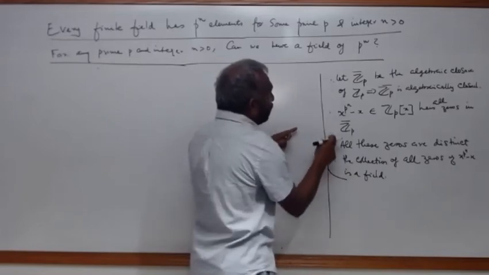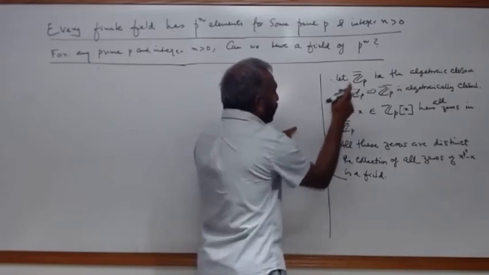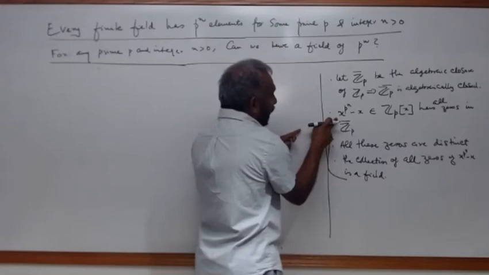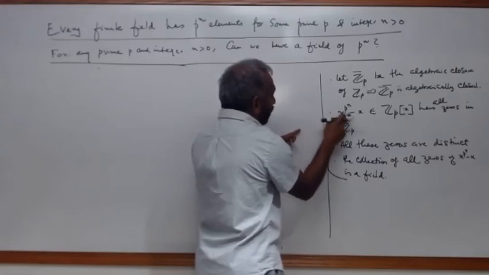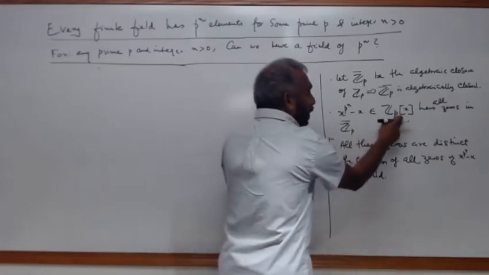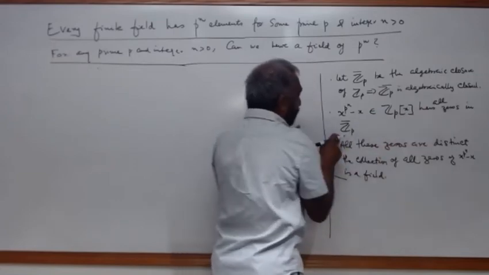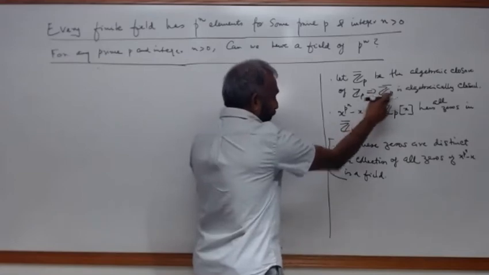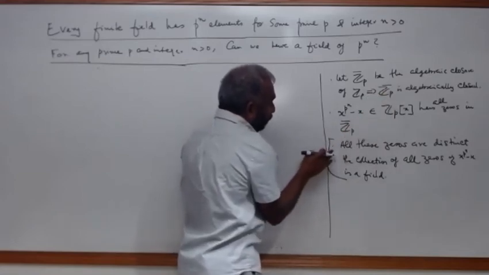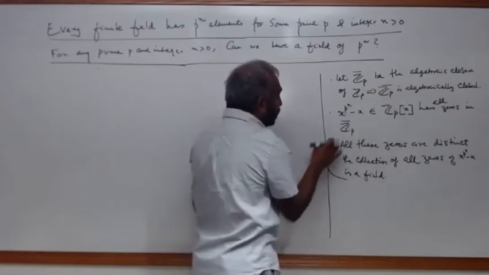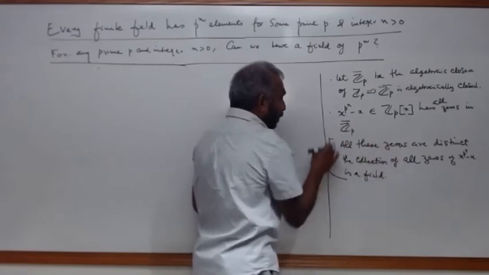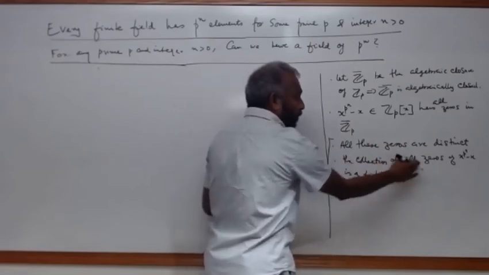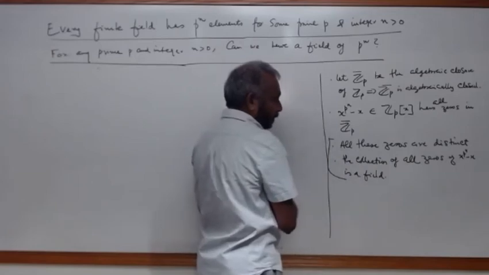This is already assumed. ZP has an algebraic closure, and x to the power of p to the power of n minus x is a polynomial here, and all zeros are in ZP bar, the closure of this, because it is algebraically closed. Now we have to show that all the zeros are distinct. And if you take the collection of all the zeros, that forms a field.